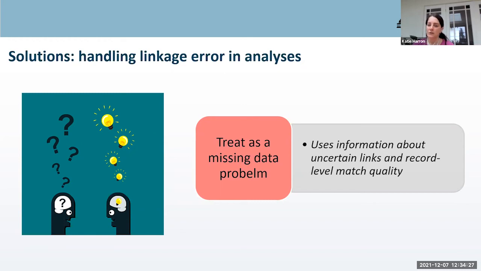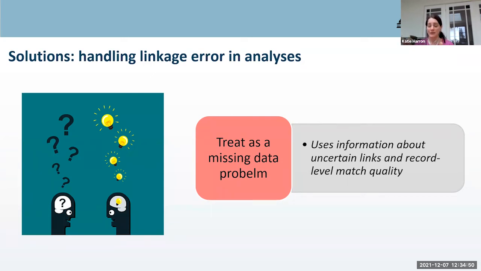The first approach reframes the problem in a similar way to multiple imputation. So rather than saying we need to create one definitive linked data set that is the true representation of reality, what we're saying is that we want to be able to analyze the data in such a way that we get an answer that reflects the truth.